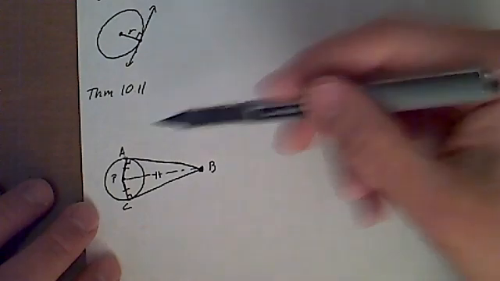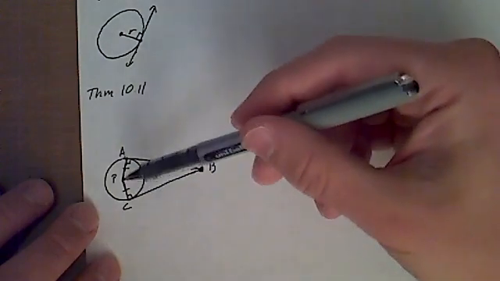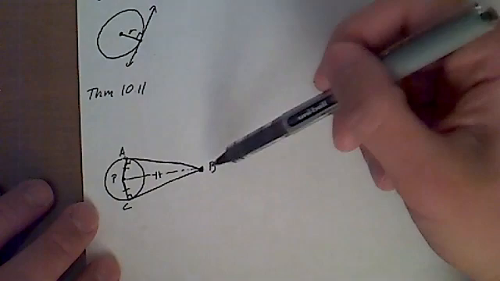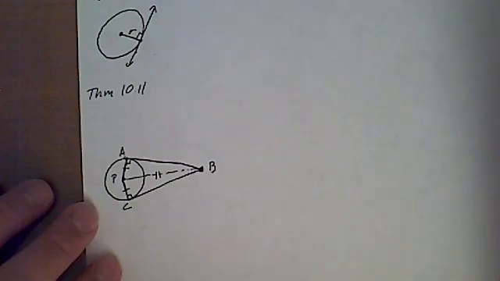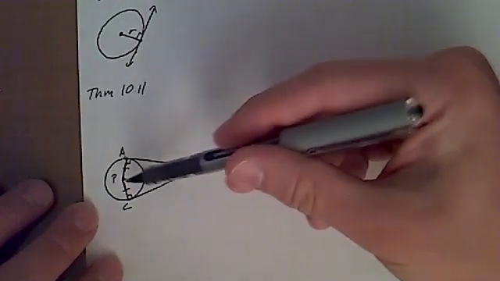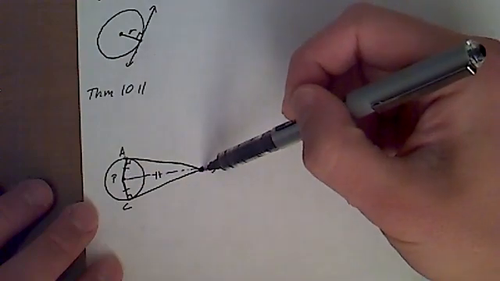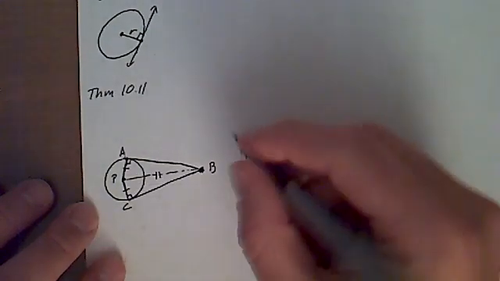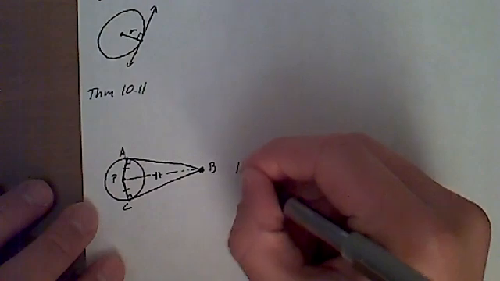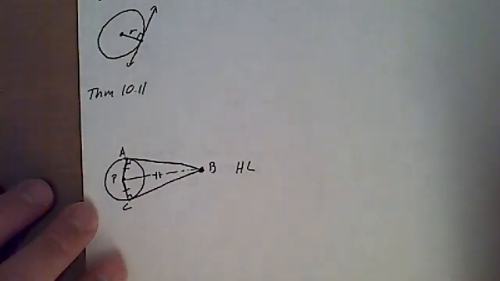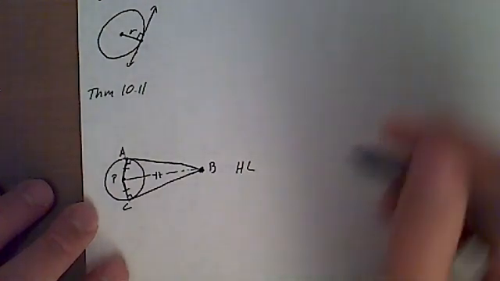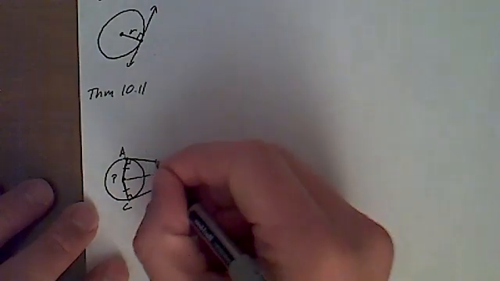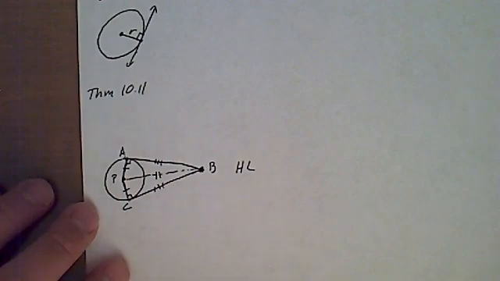We now have two triangles, APB and CPB, and those two triangles must be congruent by, well, PB is the hypotenuse of both triangles, and AP and PC are congruent. So by hypotenuse leg, the two triangles are congruent, therefore their corresponding parts are congruent, and AB and CB must be congruent, right?